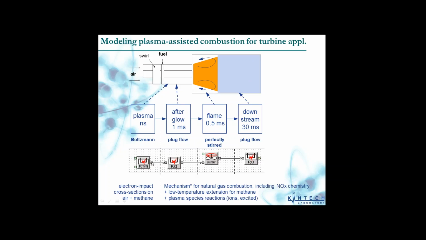roughly calculated by a sequence of models. The first model is the plasma model, where we are simulating the interaction of the plasma with the gas. After that, a plug flow model, which simulates propagation in the afterglow zone without plasma. The combustion and the formation of the flame in this particular case was simulated by a perfectly stirred reactor.